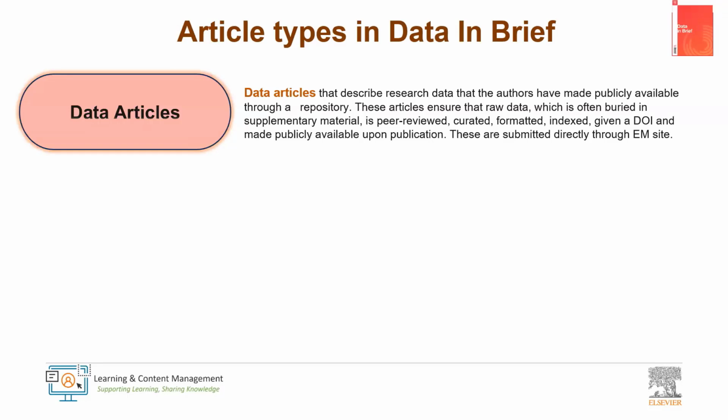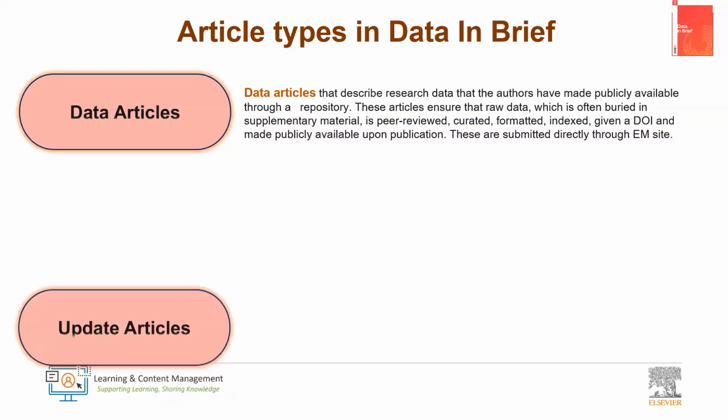These articles ensure that raw data, which is often buried in supplementary material, is peer-reviewed, curated, formatted, indexed, and given a DOI, which is digital object identifier, and made publicly available upon publication.